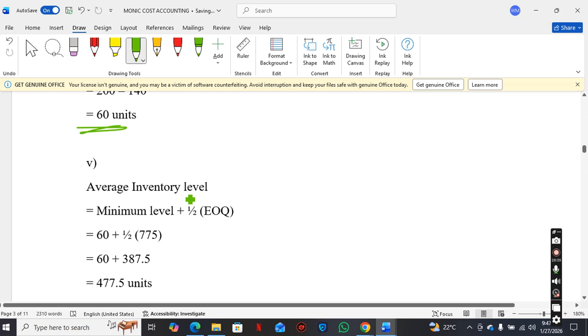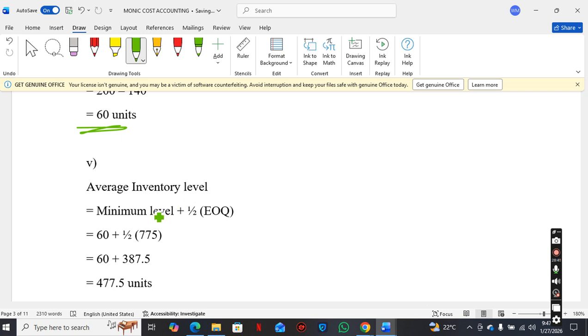Okay, average inventory level, minimum level plus half EOQ, economic order quantity.